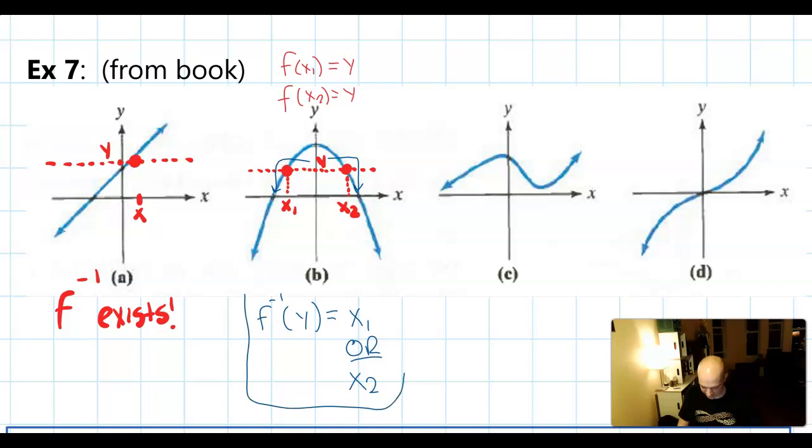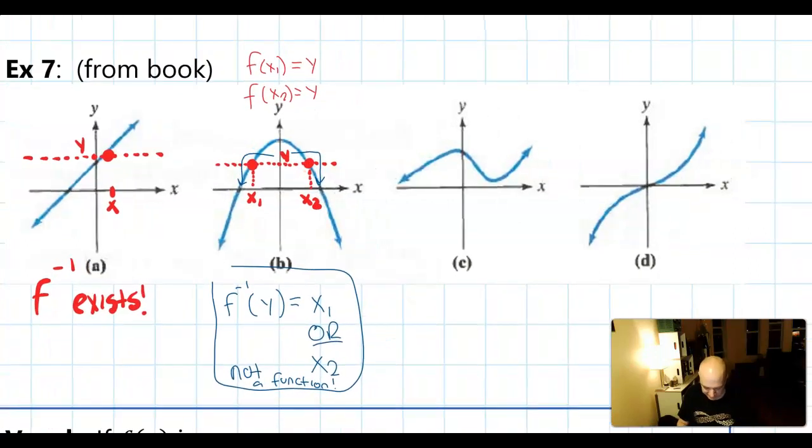So in this case, the inverse relationship is not a function. Y is a function of x, but x is not a function of y because this has failed the horizontal line test. So we'll say f inverse does not exist, or it's not a function.